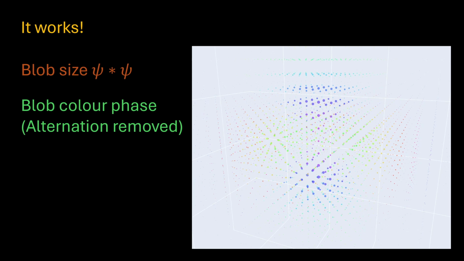The colour is the phase of the FR, except that phase alternation, which is present as usual, has been removed so that the underlying phase variation can be seen more clearly. Remember, we are now tentatively associating the gradient of this phase with the velocity of the flow of wave energy within the structure.